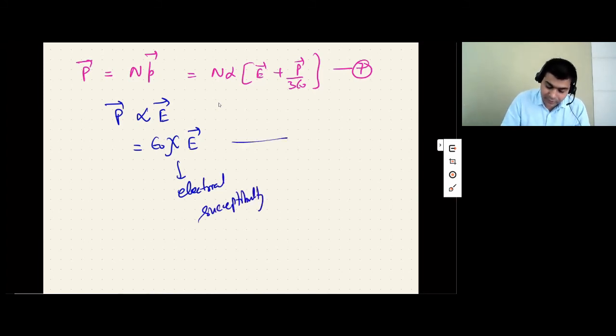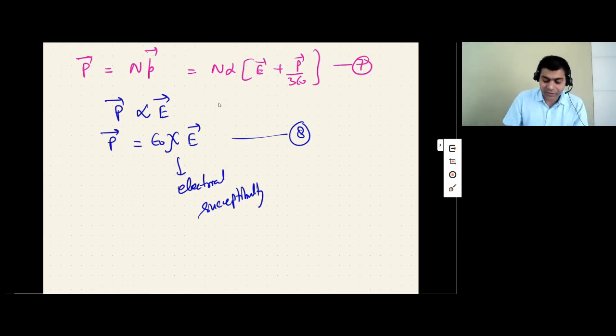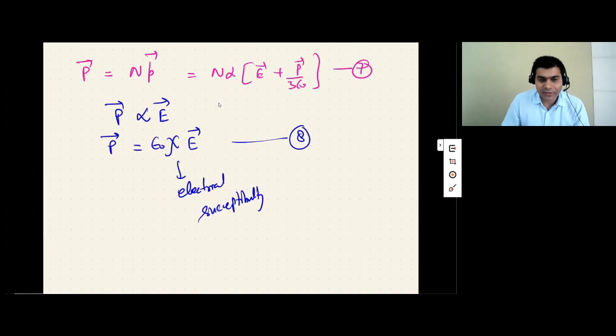I told you last time that my chi here is dimensionless. If you don't write the epsilon naught part, chi will have the appropriate dimension, but in my notation chi has no dimension. In some books they write P equal to chi E, where chi will have dimensions accordingly.